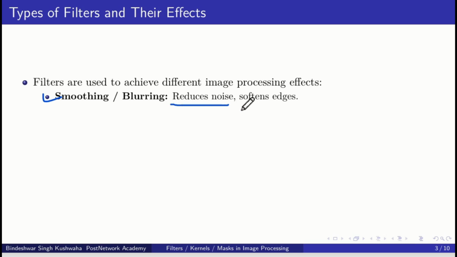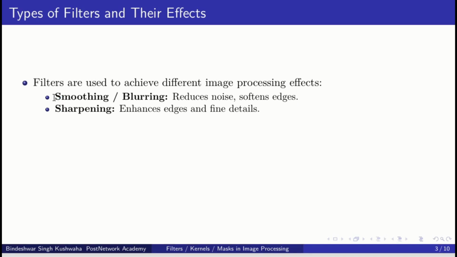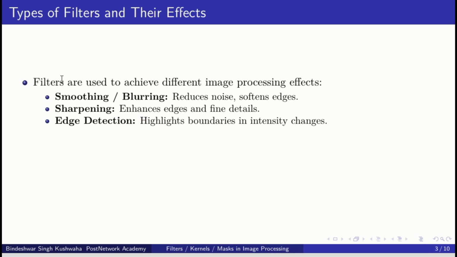Filters are used to achieve different image processing effects, not for only one purpose. Smoothing or blurring, as I discussed, reduces noise and softens edges. Sharpening enhances edges and fine details. And then edge detection.